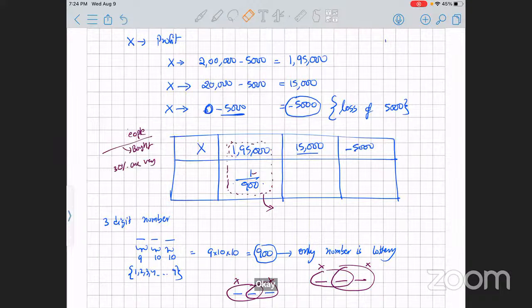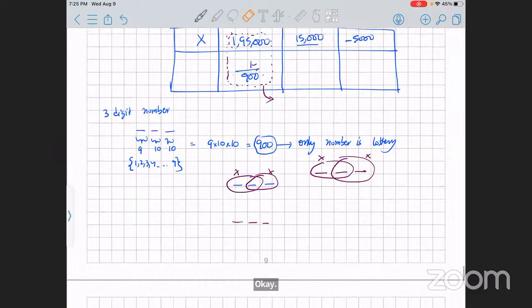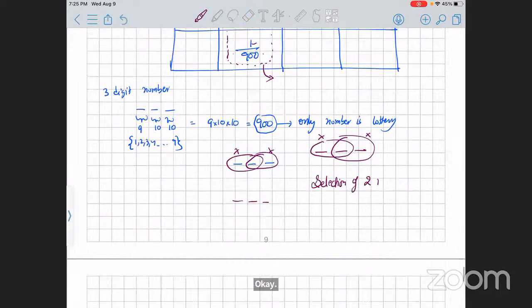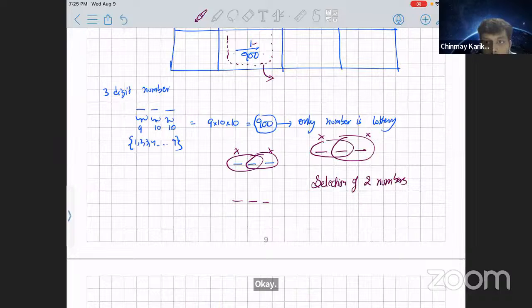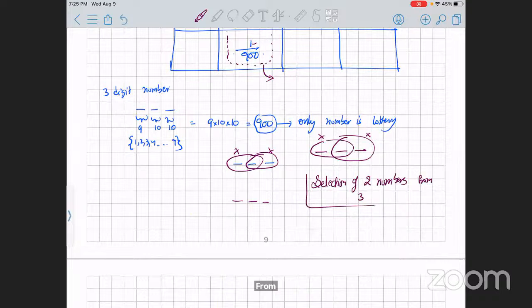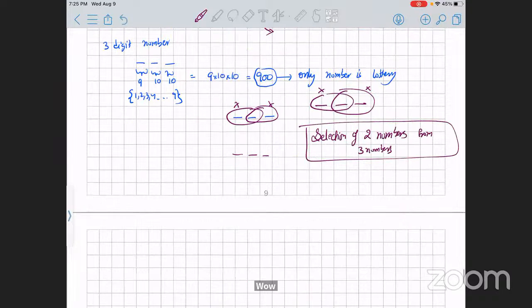Now it is the selection of two numbers from three numbers. We have to select two numbers from three, that is 3C2.